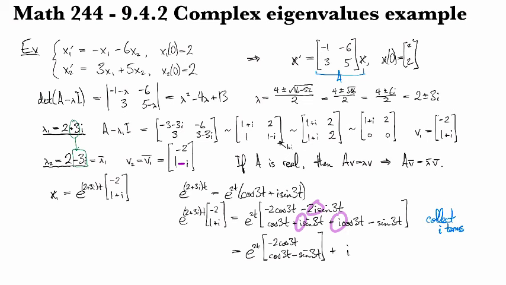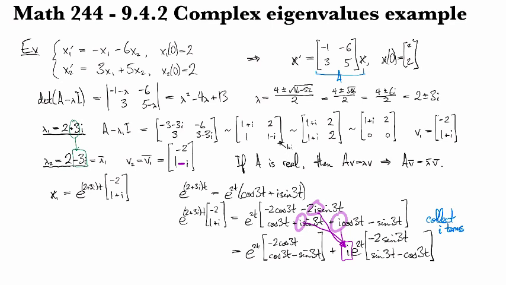Plus i e to the 2t, and then I've got all the imaginary parts. So there was a minus 2 sine 3t, and there was a sine 3t minus cosine 3t. Okay, and so key point is I've managed to consolidate all of these i's into just this one right here.